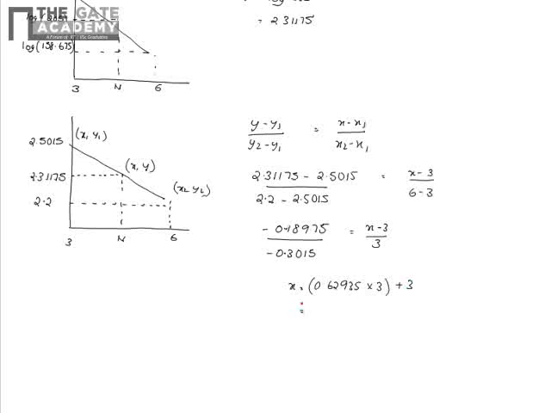This will be 4.8805. Therefore, number of cycles n is equal to antilog of 4.88805.